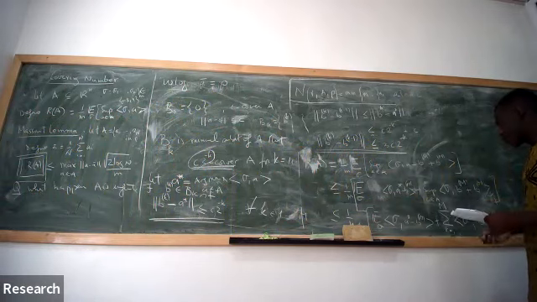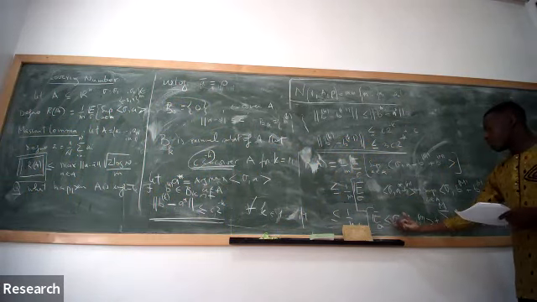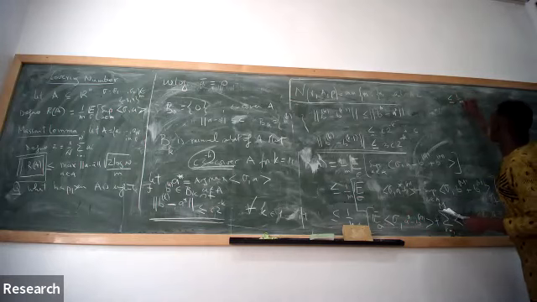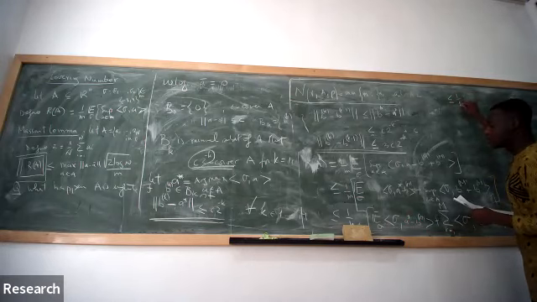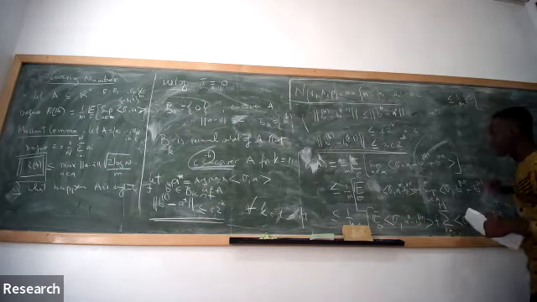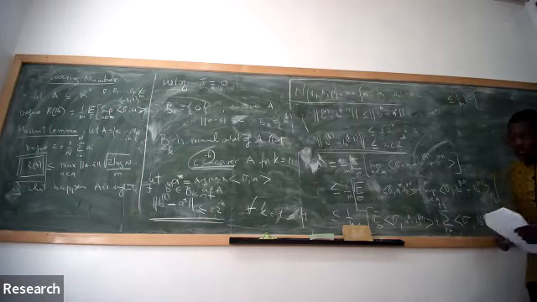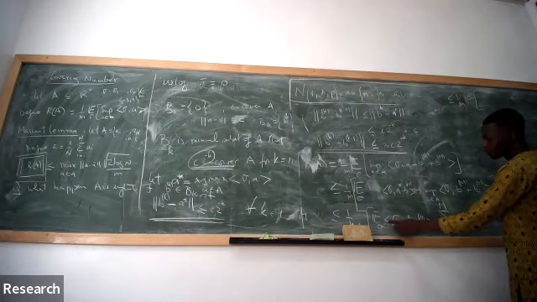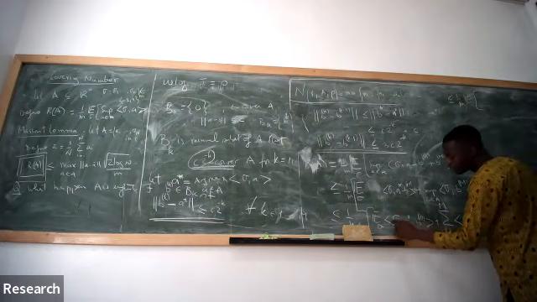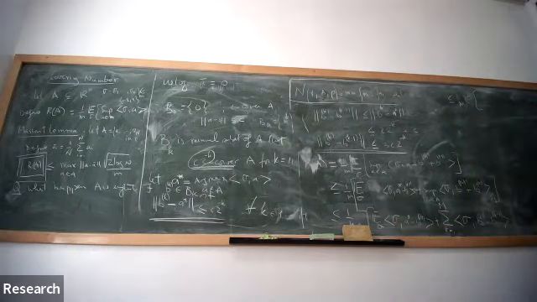So this is less than or equal to 1 over m. And this is less than or equal to the size of, because we are taking an inner product, the norm of A multiplied by the norm of this, and the norm of sigma is m.